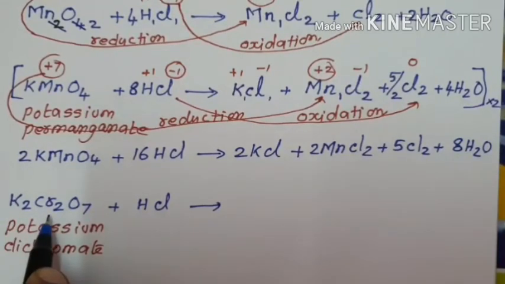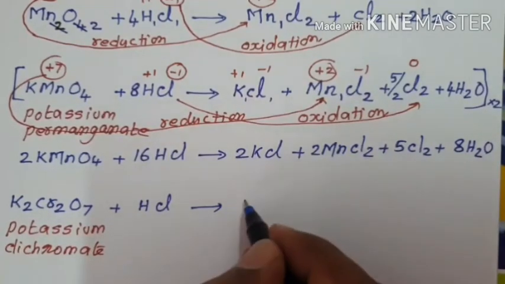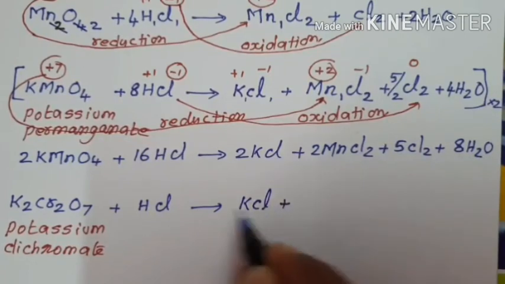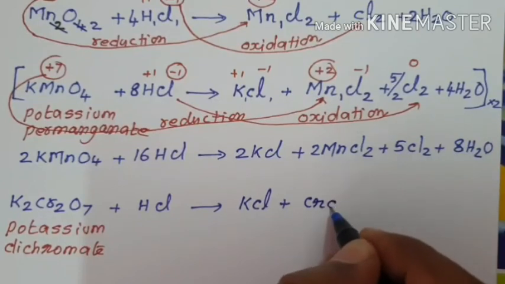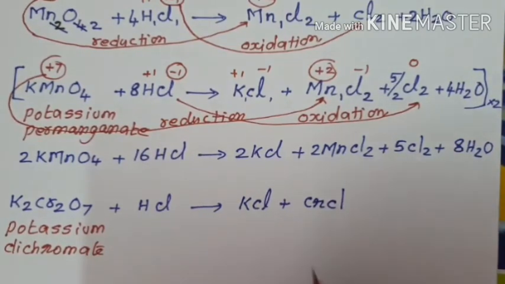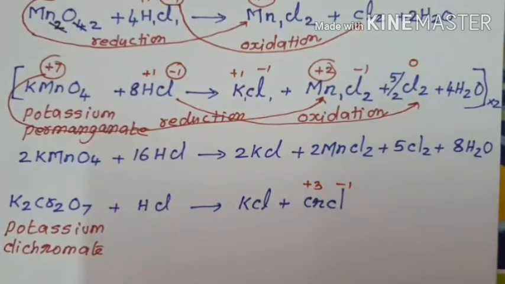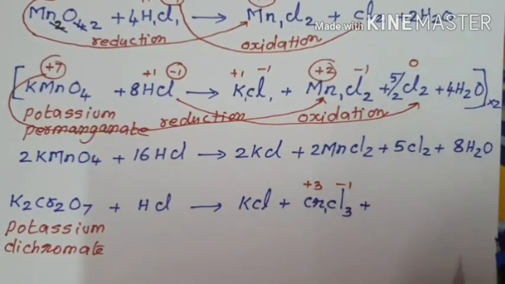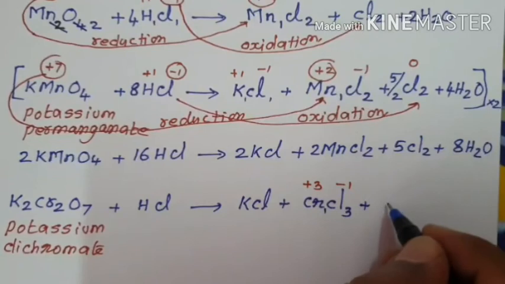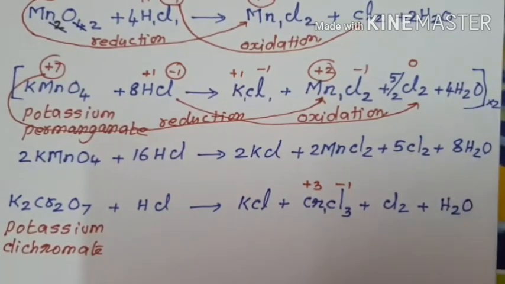Both potassium and chromium undergo chlorination and are converted into metallic chlorides. Potassium combines with chlorine to form potassium chloride. Chromium undergoes reduction like manganese and gives chromic chloride, in which chromium is in +3 oxidation state and chlorine is -1. We write CrCl3 plus the other two products, Cl2 and H2O.